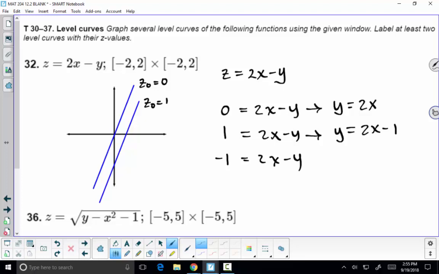1 unit out. And the other one is going to be representing the z values that are below, right? These are the z values that are below the xy plane, and we're going to get y equals 2x plus 1. So that's going to be this line. That's going to correspond to z naught equals -1.